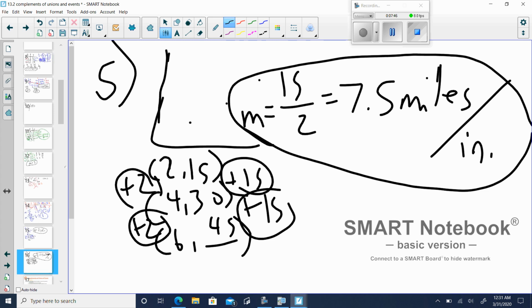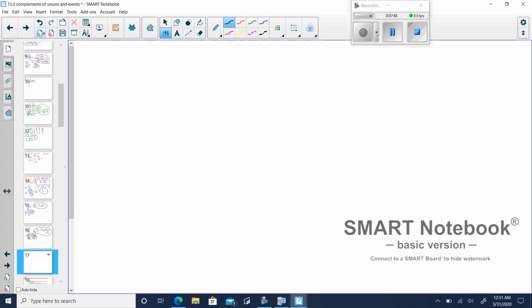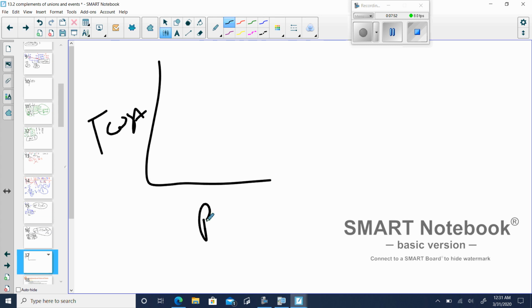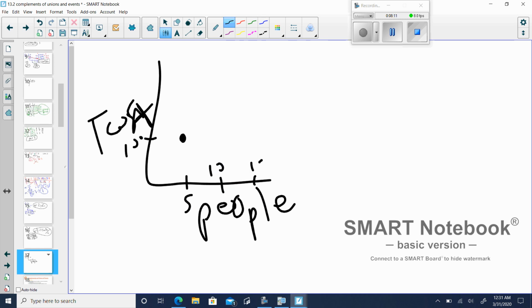Now, what about 6? We're looking at people and total cost. Total cost versus people. Let me make this a little more legible. It certainly looks like we have 5, 100, then 10 and 15.